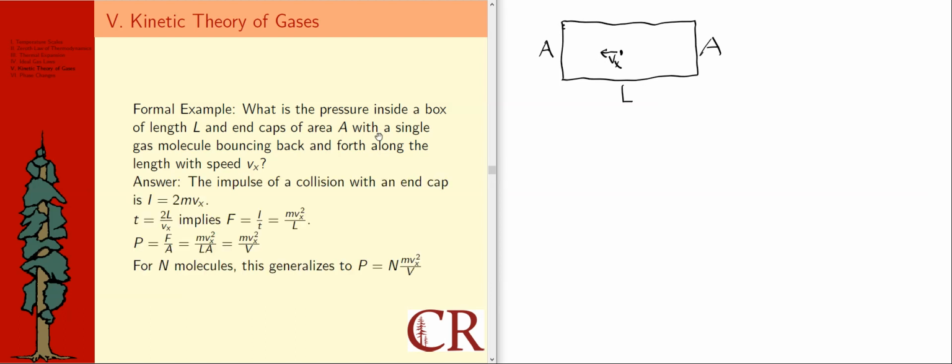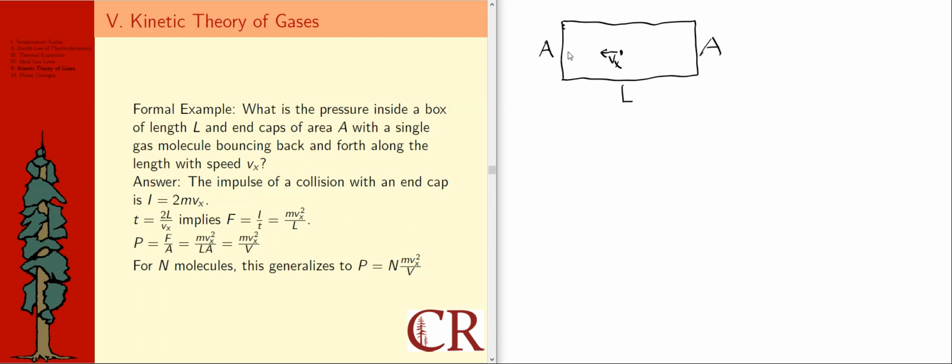This is a formal example, though, so instead of going through all of that math in great detail on the whiteboard, let's look at what the answer says, and then we can talk about it. It says here the impulse of a collision with an end cap is I equals 2mvx. I think the logic behind this is we're multiplying by 2 because it's an elastic collision.